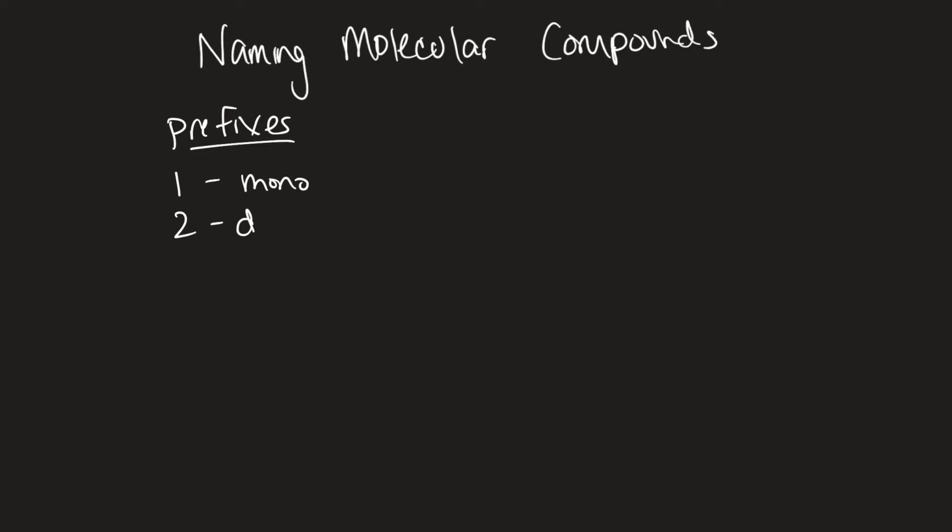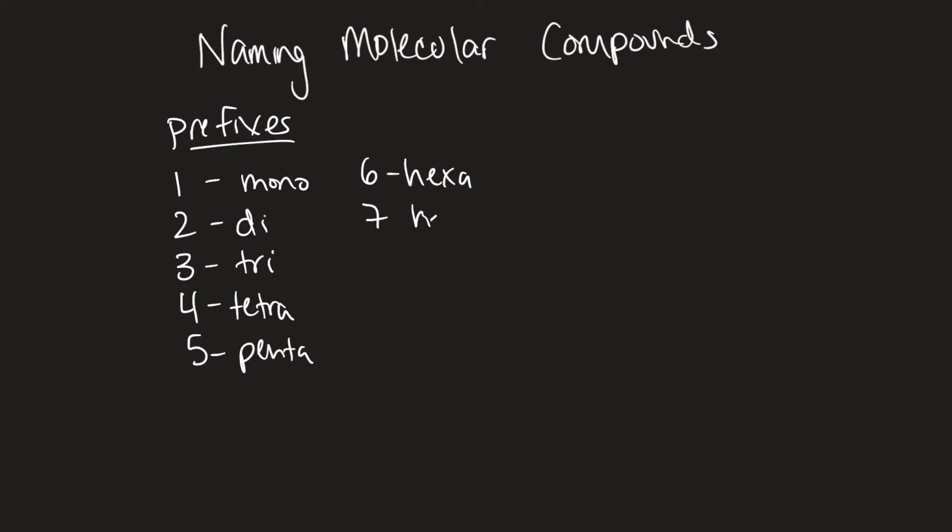If it's two, we use di. 3, tri. 4, tetra. 5, penta. 6, hexa. 7, hepta. 8, octa. 9, nona. And 10, deca. So these are the prefixes used.